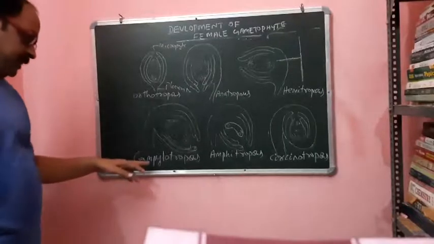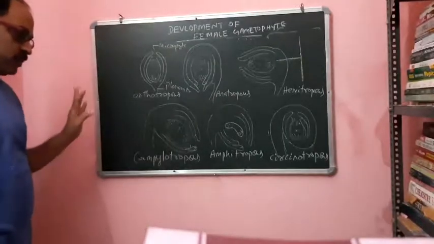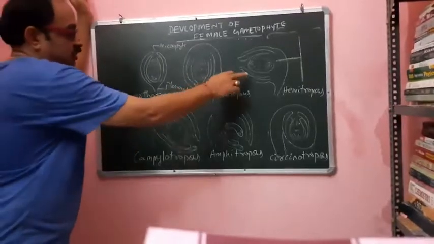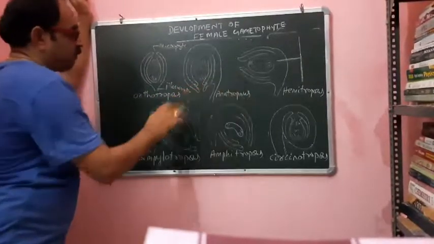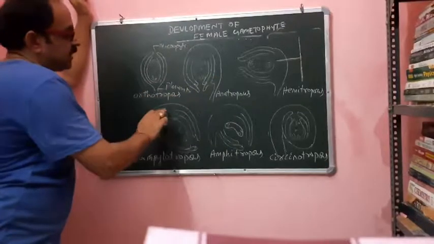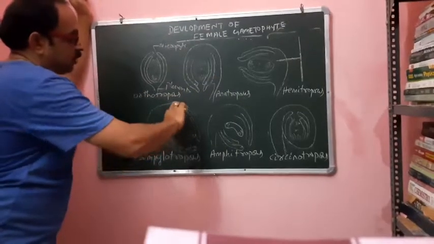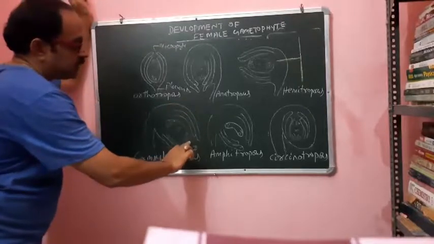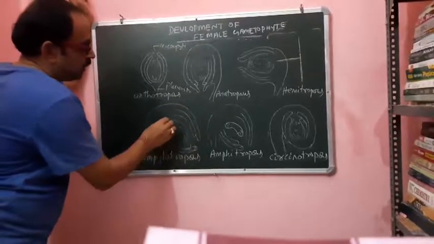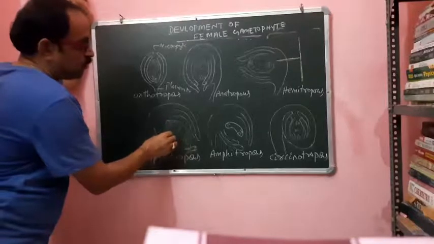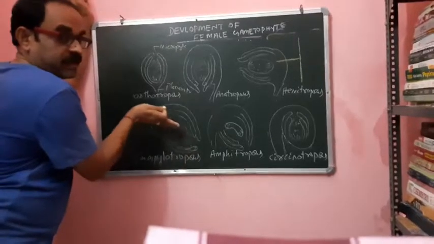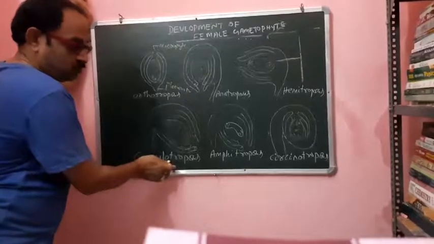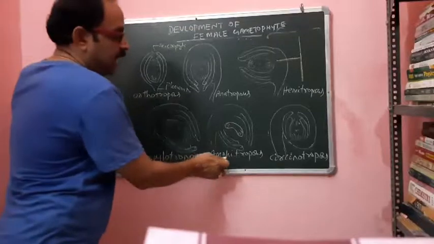Another type is campylotropous ovule. It is just like hemitropous, but the difference is that the body part is not in transverse section; it is slightly obliquely situated. So the embryo sac present inside the ovule is also oblique in position. Another is amphitropous.